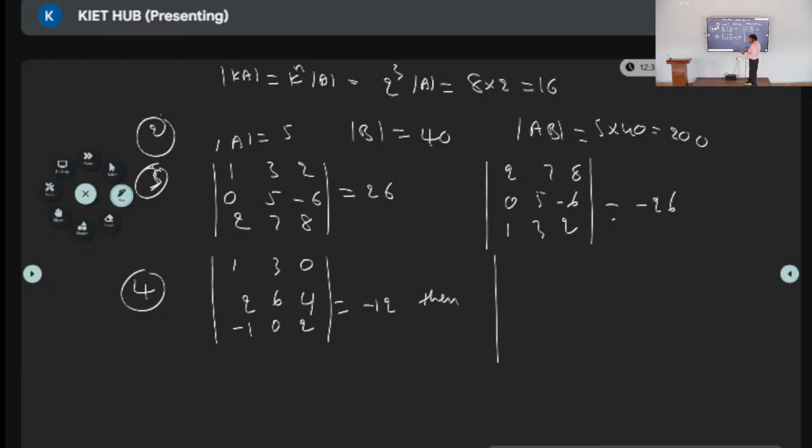Then determinant of the matrix 2 6 0, 4 12 8, minus 2 0 4. What is this answer?